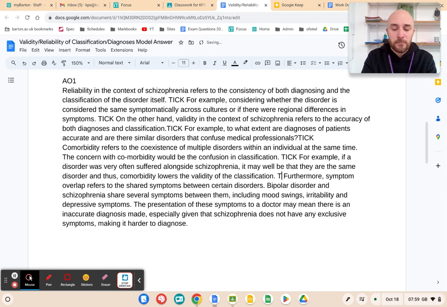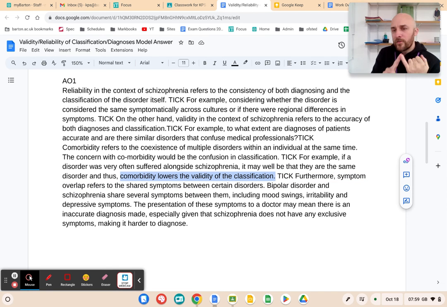This is the most important part of the whole bullet point. You need to understand this. What does comorbidity do to the diagnosis or classification, the reliability and validity? What does symptom overlap do to all of that as well? This is the most important part of the entire bullet point, in my opinion, is knowing that comorbidity specifically lowers the validity of the classification. Why?